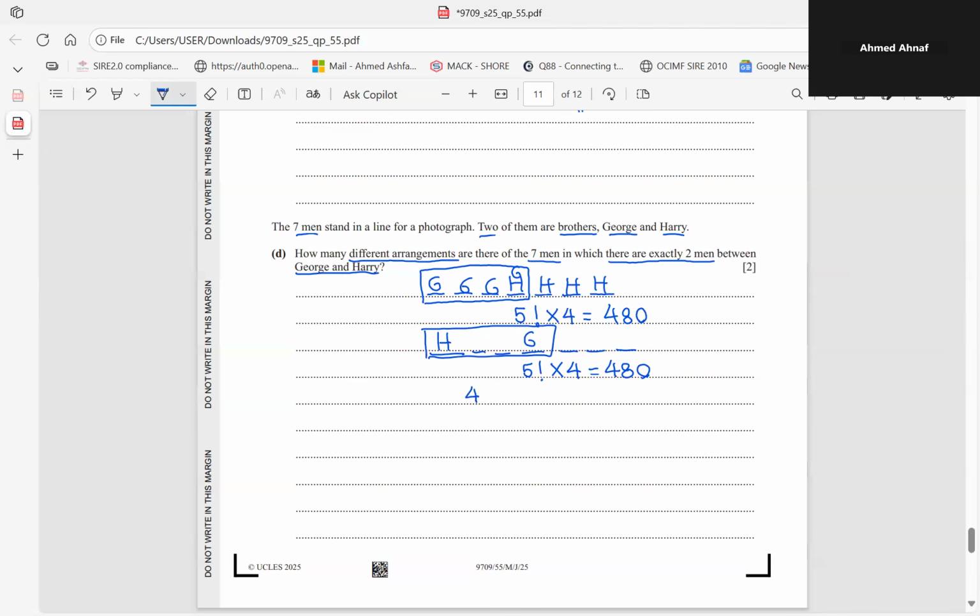So let's add these 2 cases up together. 480 plus 480, we would get 960 arrangements. So this is our final answer for this part.